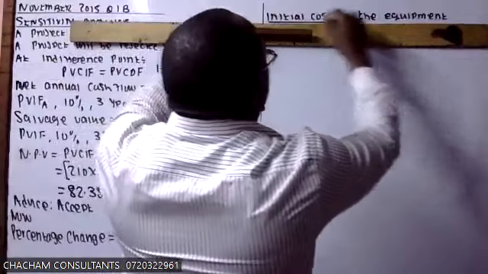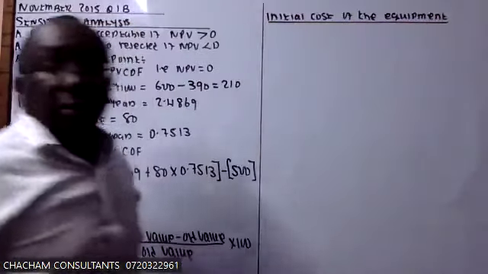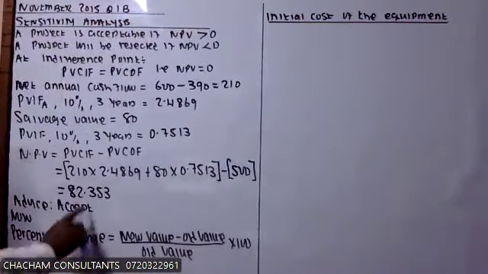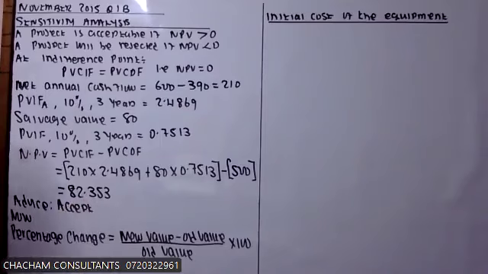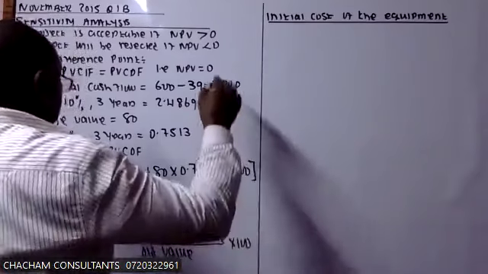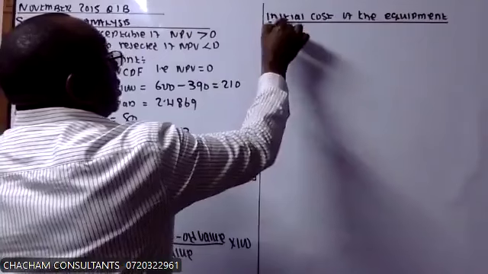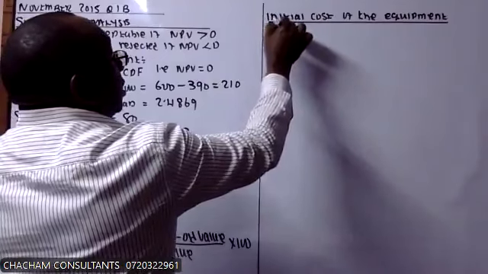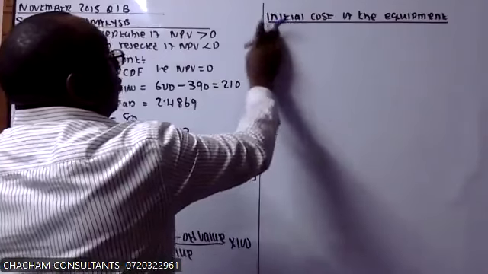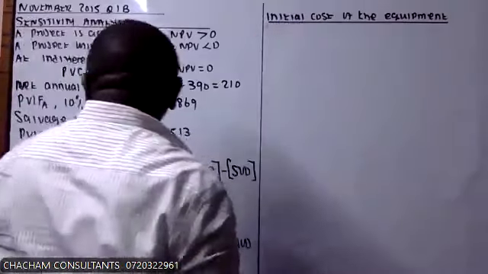Now, because you already have the formula here for NPV, we don't even have to say let, just go straight.